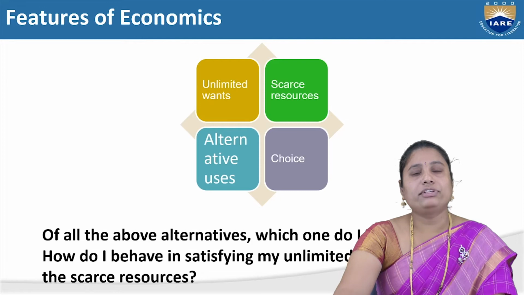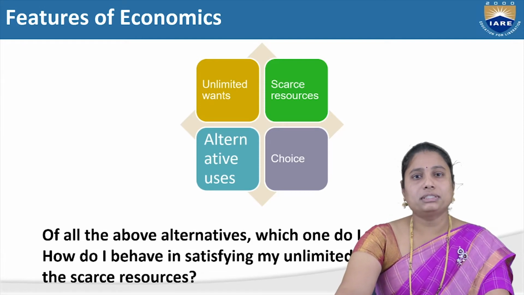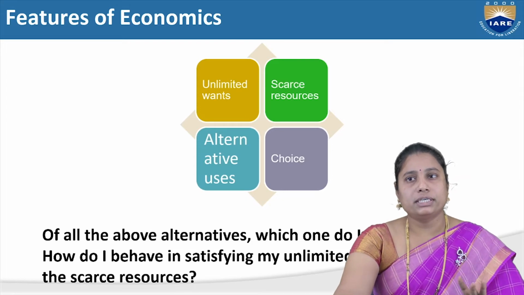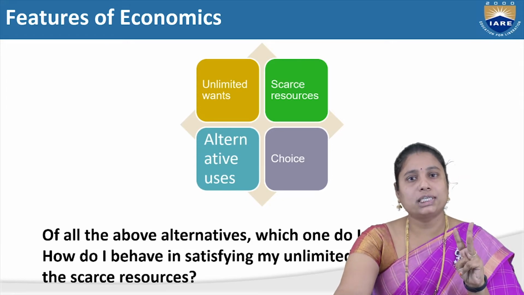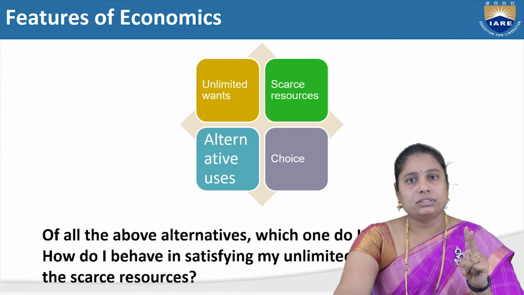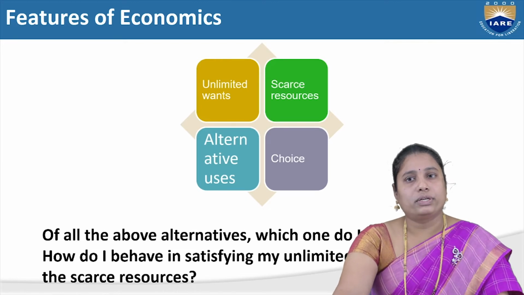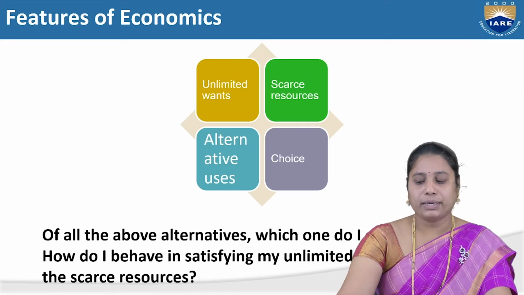Which means economics takes four elements into consideration: unlimited wants to be satisfied with scarce resources, and alternative usages for the products with the best choice of utilization. Those are the features of economics.